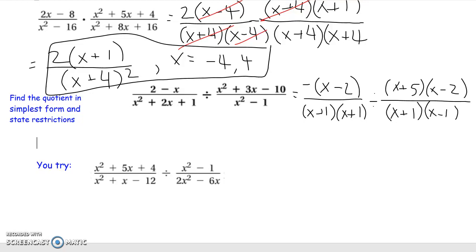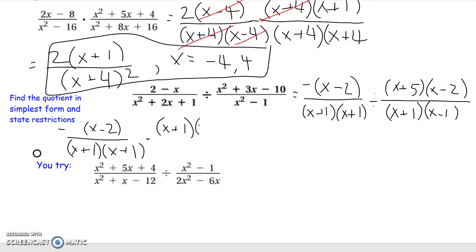Now to divide by fractions, what we really need to do is multiply by the reciprocal. So what we have is negative x minus 2 divided by x plus 1 times x plus 1, and then times the reciprocal, so times x plus 1 times x minus 1 divided by x plus 5 times x minus 2.